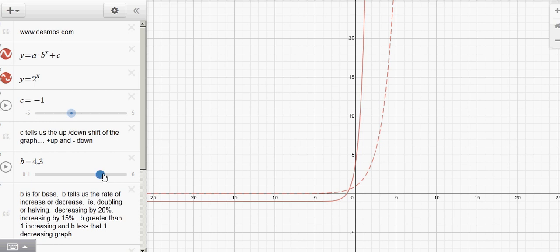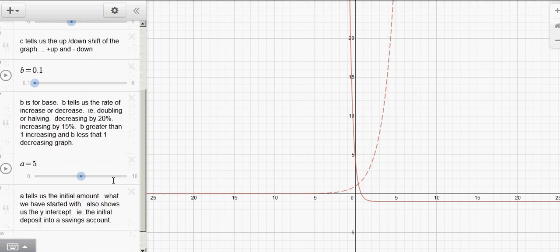Again, B bigger than 1, it's steep. B less than 1, it is decreasing. And A gives us the initial amount, what's actually changing here. So if A is a really small number, like 1, you're just starting off with the very basics. But if A is a bigger number, you're starting off with more and changing more and more off of that.